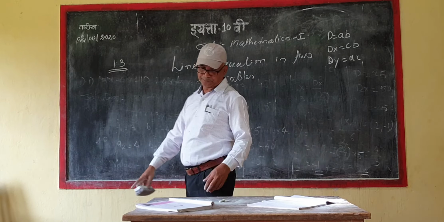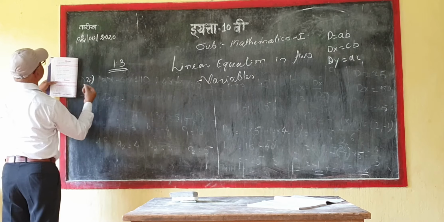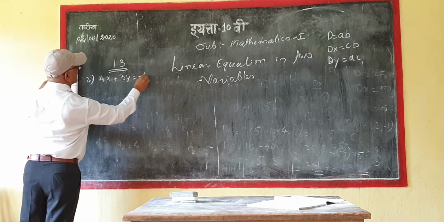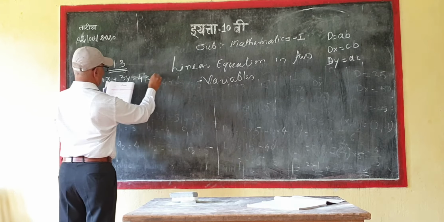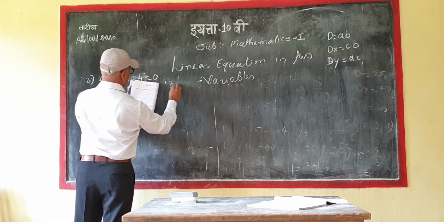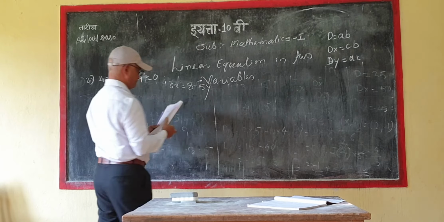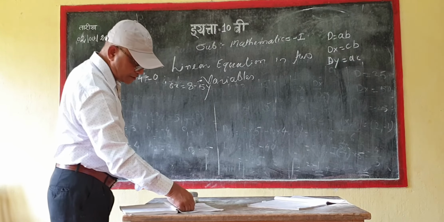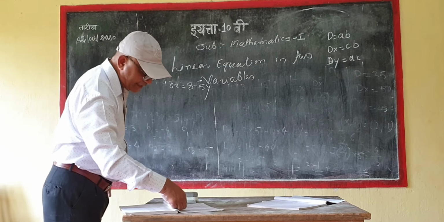The second example: 4x plus 3y minus 4 is equal to 0, and second one is 6x is equal to 8 minus 5y.